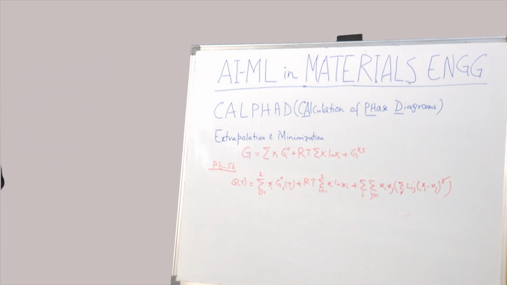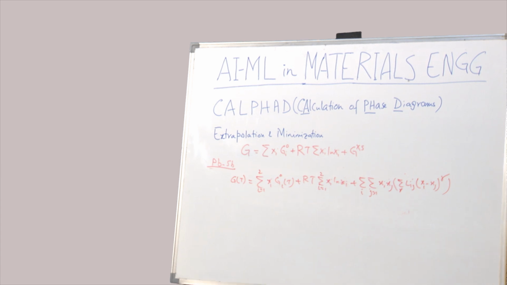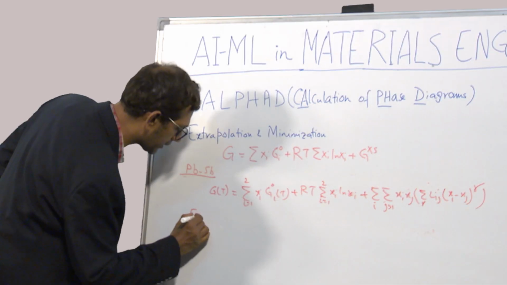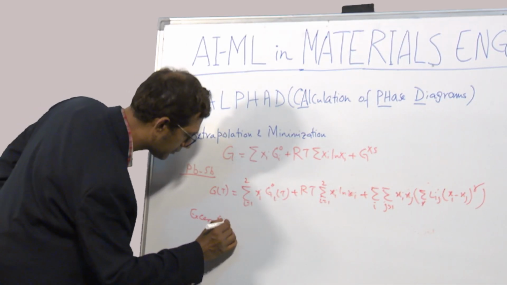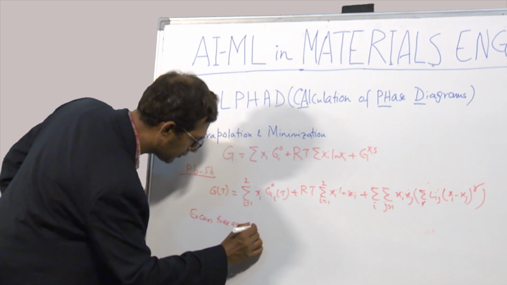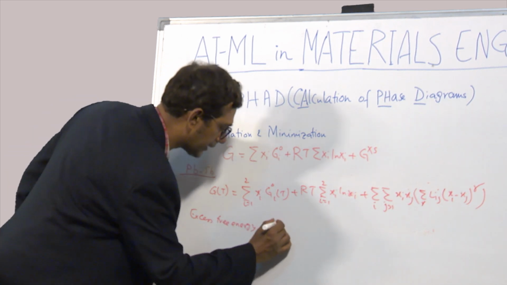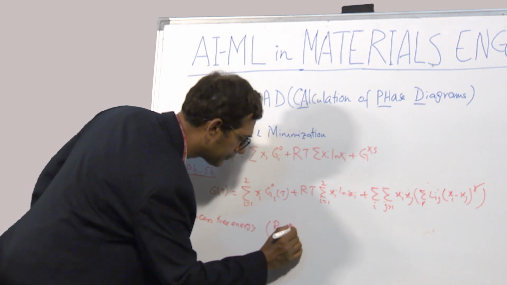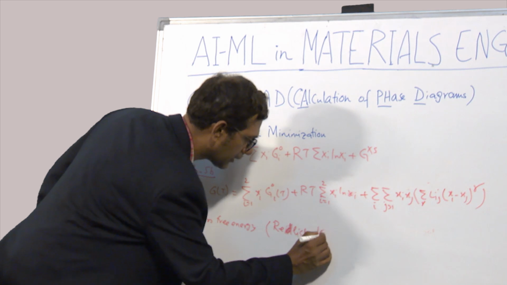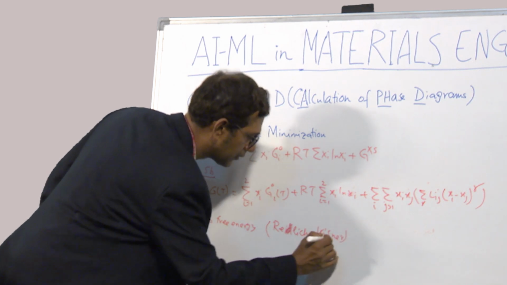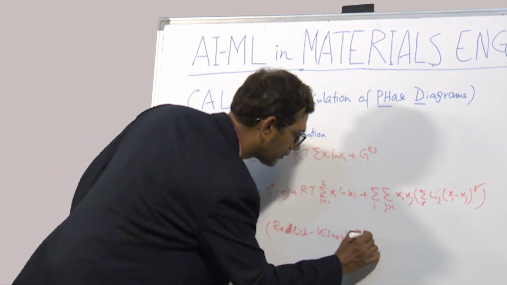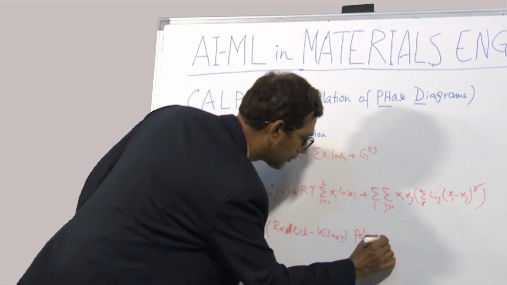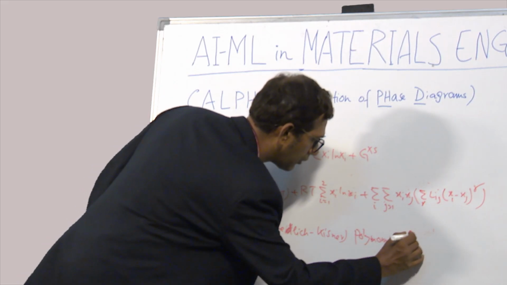As you can see here, for the excess part, the excess free energy, we can use the Redlich-Kister polynomial.